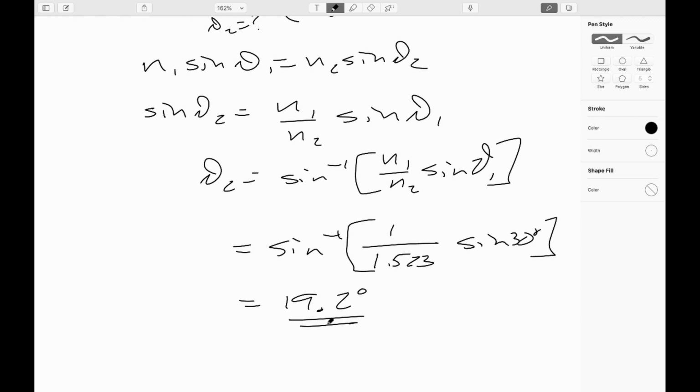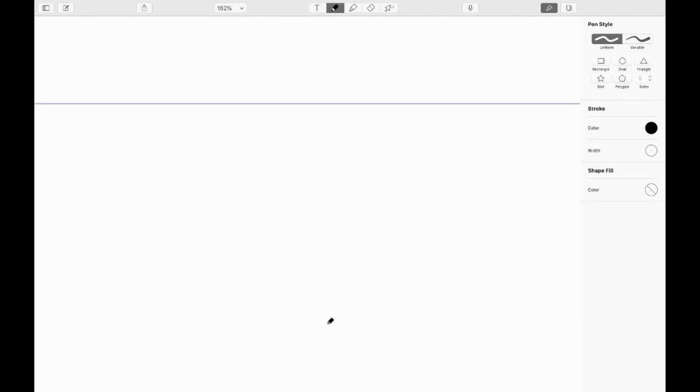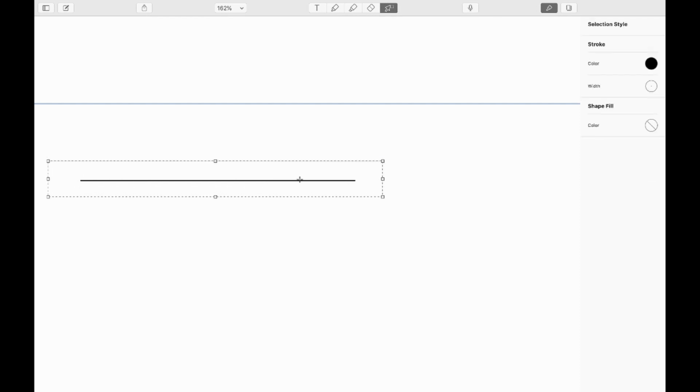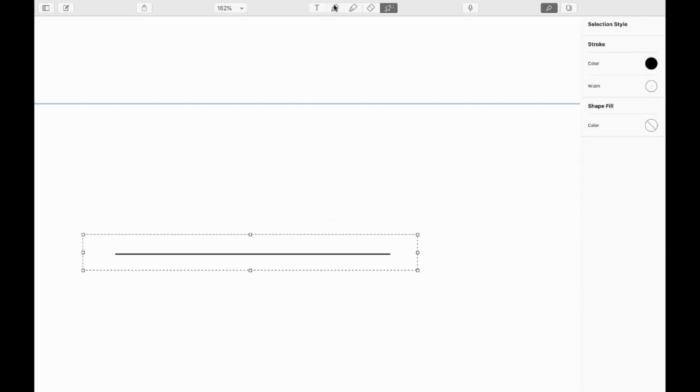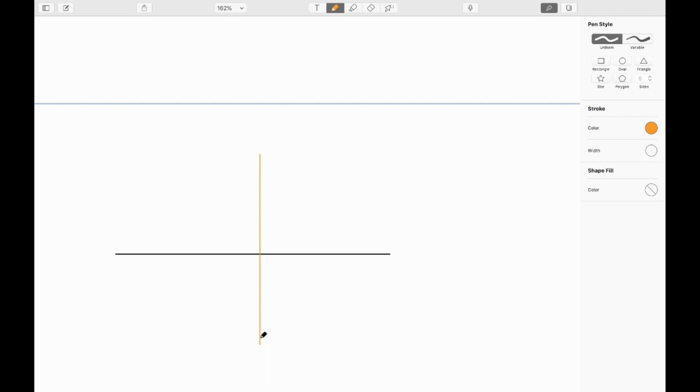So that's good. All right, now let's go back and do the same problem, except instead of the slab of glass sitting in air, like we did before, we now have it sitting in carbon disulfide.